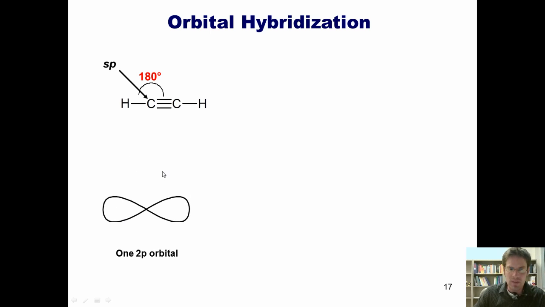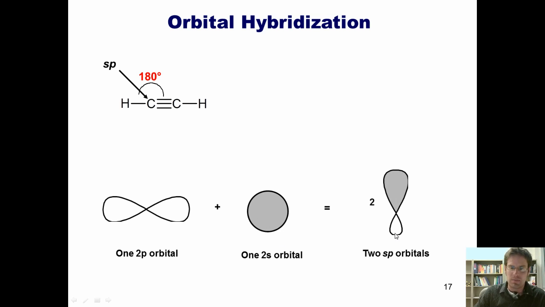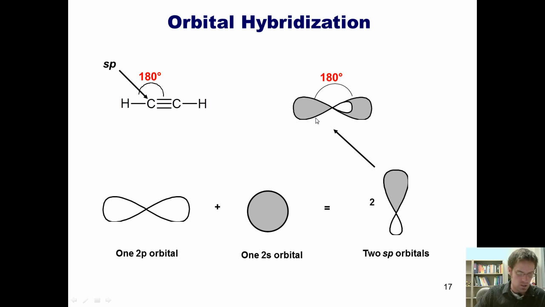We've taken one of our two p orbitals, one of our two s orbitals, and we only have one, combine them to form two sp orbitals. When these sp orbitals are thrown together on the carbon atom, they form a nice 180-degree angle linearly like this. So what in the world happens here?